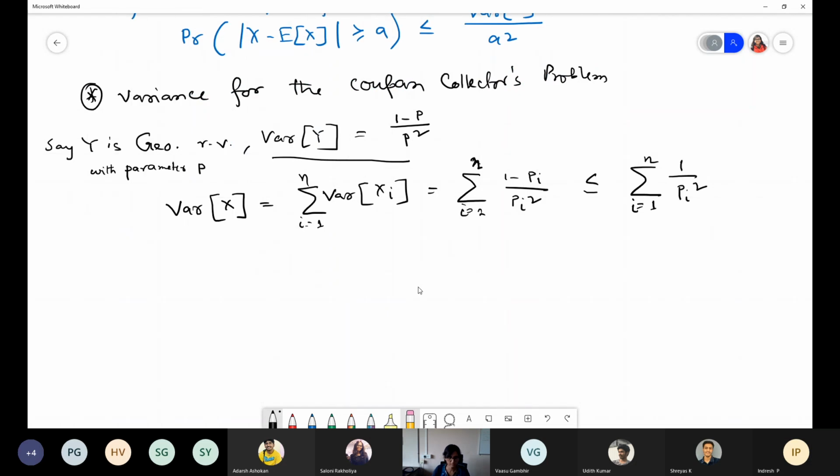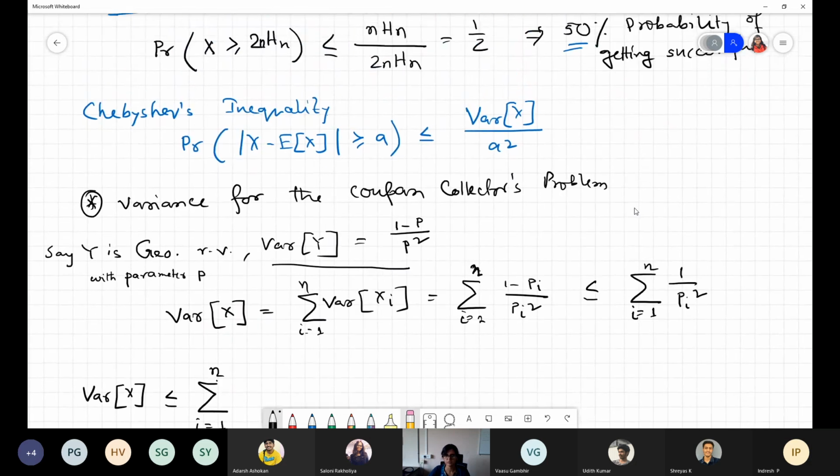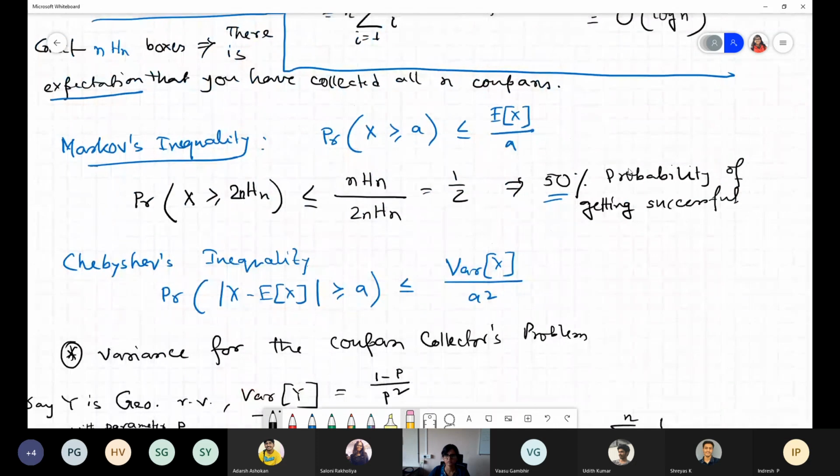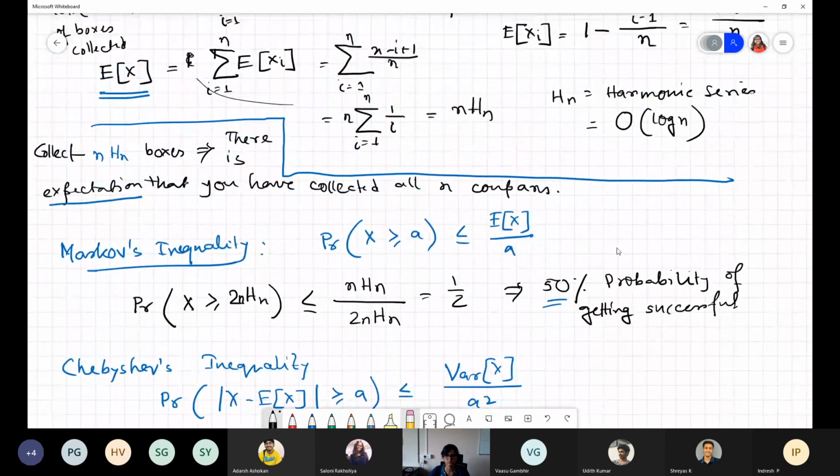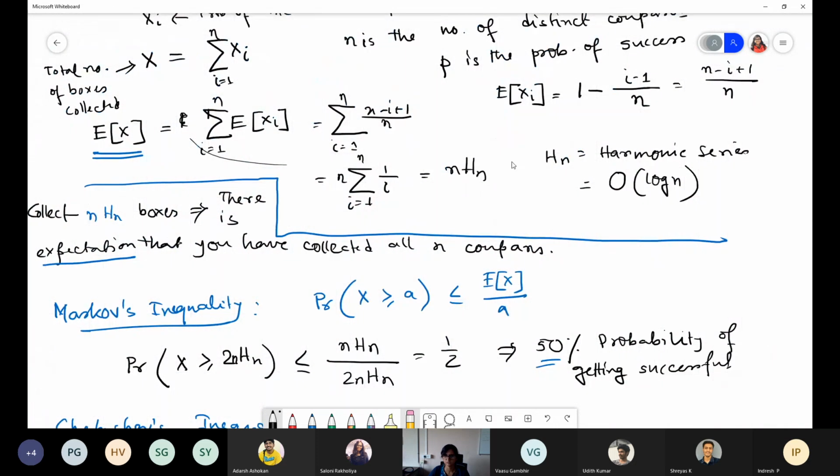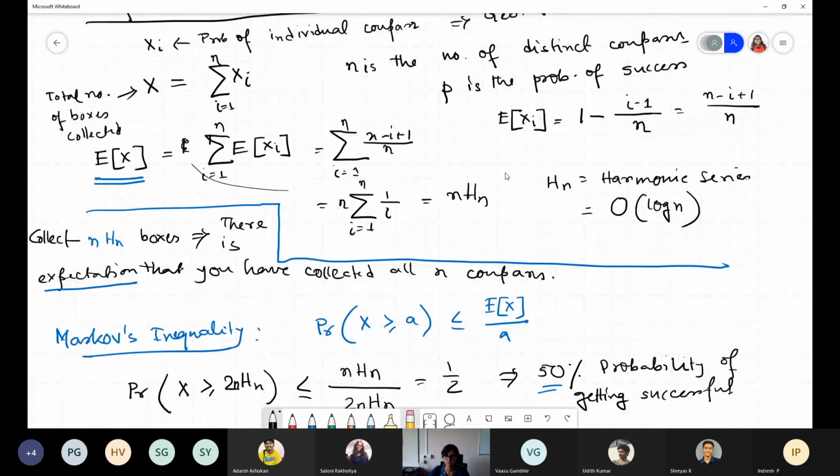So variance of X is less than or equal to the sum over i equals 1 to n, where the pi value we calculated was n minus i plus 1 by n. Okay, yeah, this is not Xi.